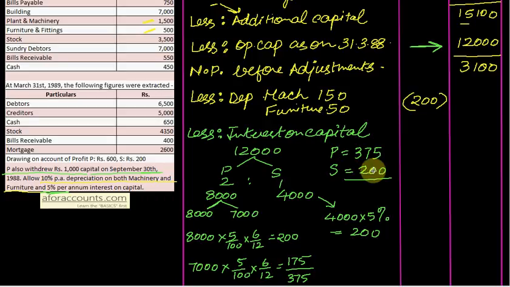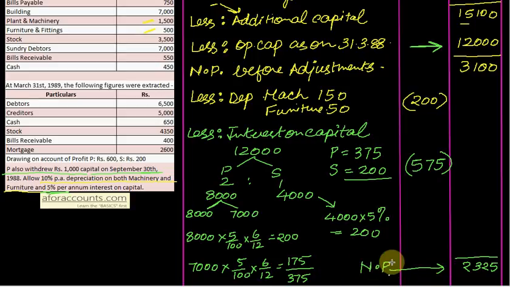Less 375 plus 200 is 575. Subtract this 200 and 575 and what you get is your net profit during the year. 3,100 minus 200 minus 575 is 2,325. That is your net profit for the year.